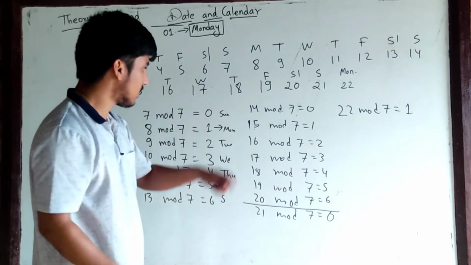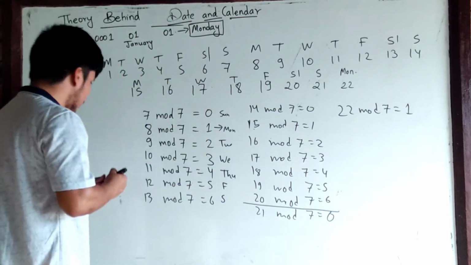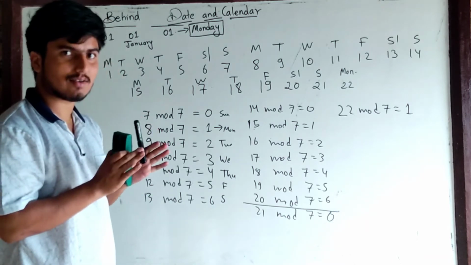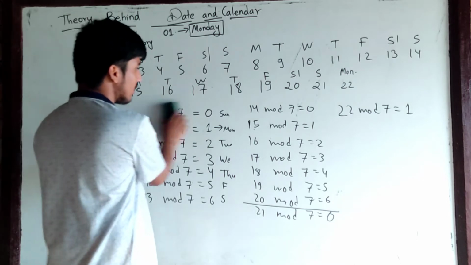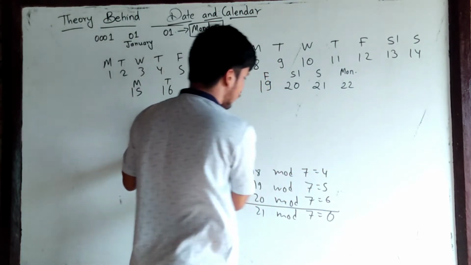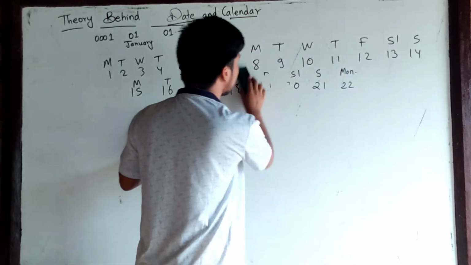From this we can conclude that we have codes, as the number of odd days. Codes is the number of odd days for the different days of the week.